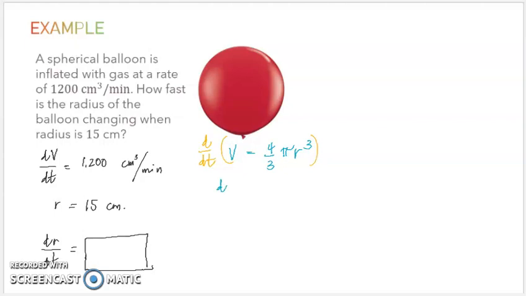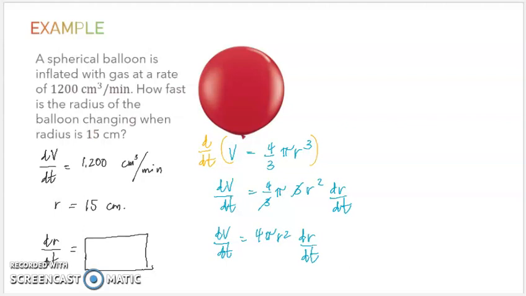So we have the derivative of the volume with respect to time equal to 4/3 pi, which are just constants, then we have 3r squared dr/dt. We can actually cancel the 3 here. So we have dV/dt is equal to 4 pi r squared dr/dt.